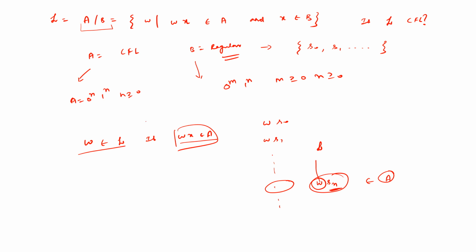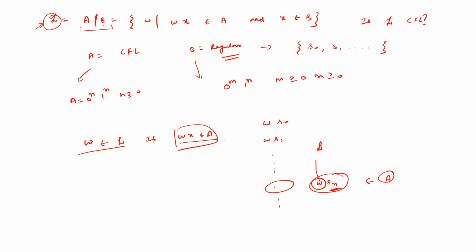Now the question is, if you construct such a language where A is context free and B is regular, and you apply the slash operator, is L always context free? That is the question.